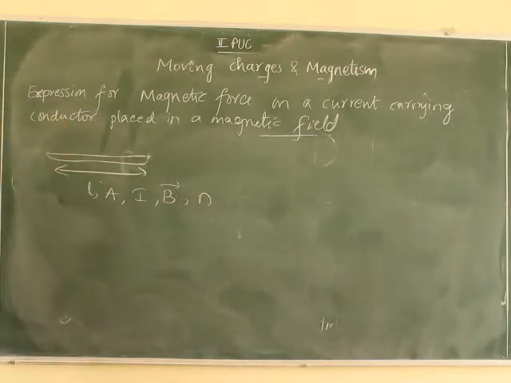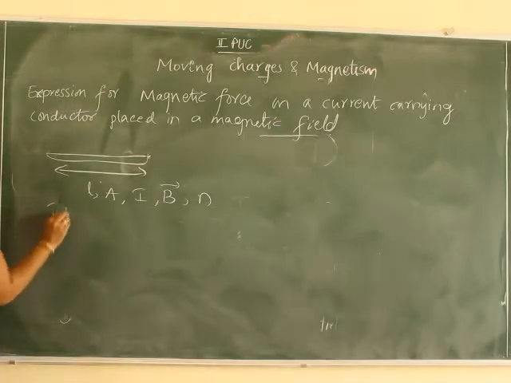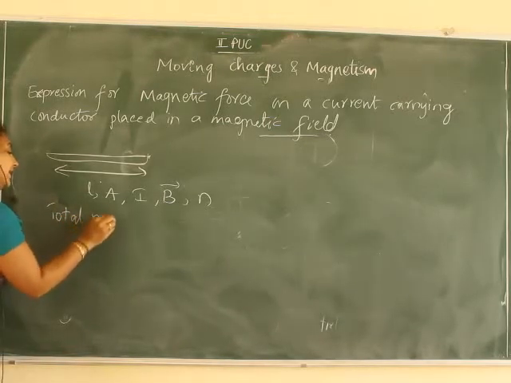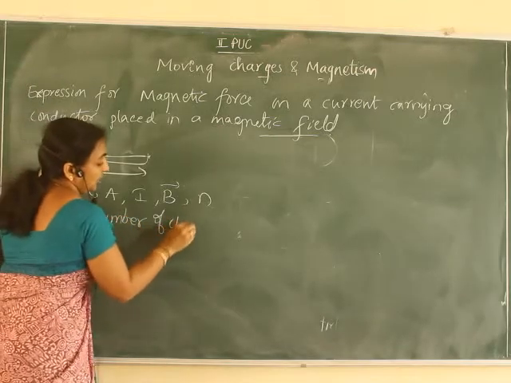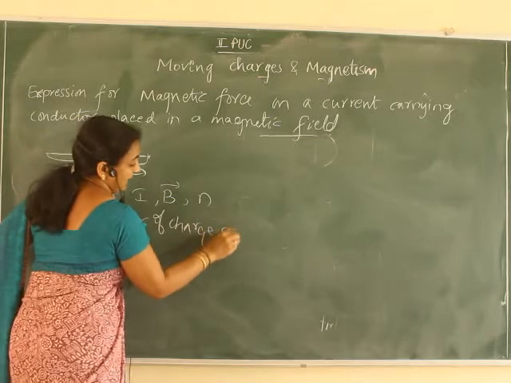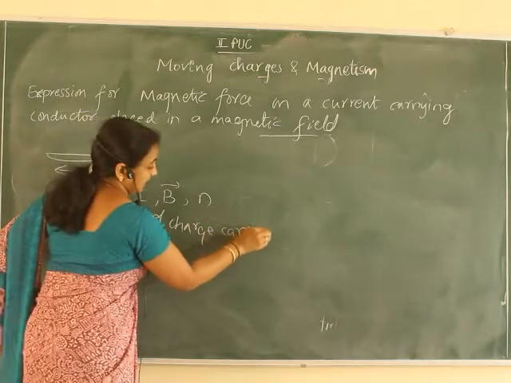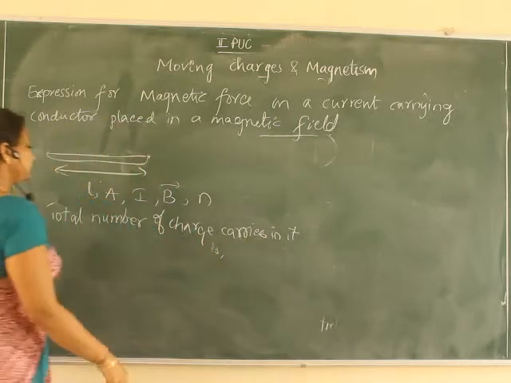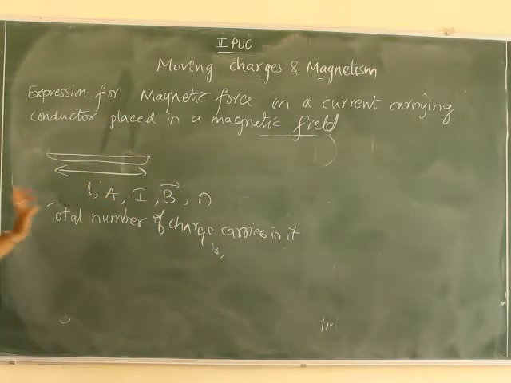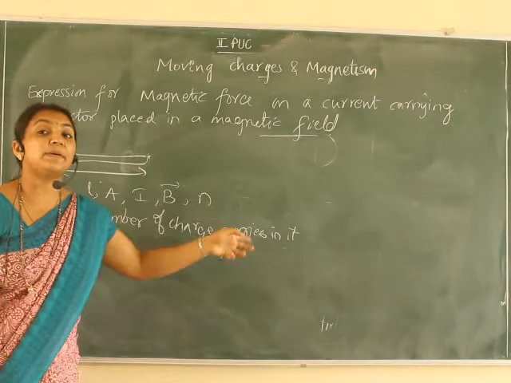Okay. Then the total number of charge carriers in it is, see, N is the number of electrons per unit volume.